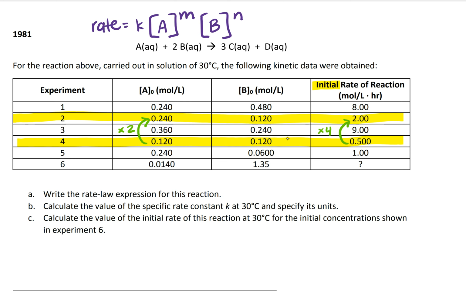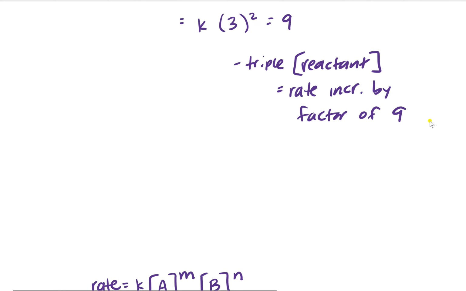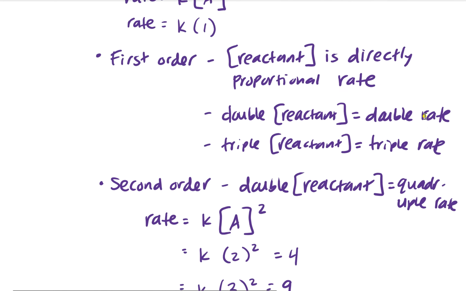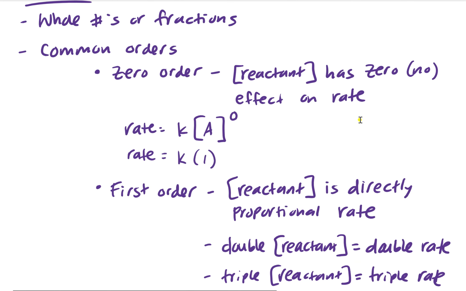Okay, so as I doubled A, the rate has quadrupled. And so what does that m exponent have to be in order for doubling the amount of A to cause the rate to quadruple? If you remember back to our discussion about orders, we have 3 main types. We have 0, that has no effect on the rate.